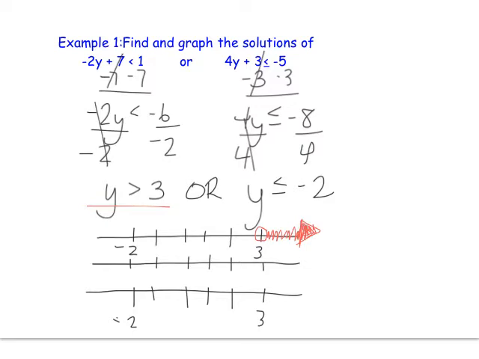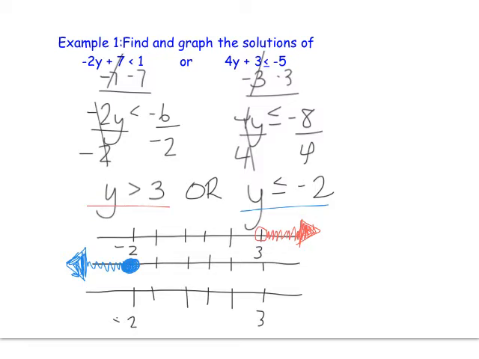In the second one, y is less than or equal to -2. We'll get a closed point at -2 because it does say it could equal it, and shade to the left, including the arrow. So these are the two graphed solutions individually, but we need to look at the overall solution.